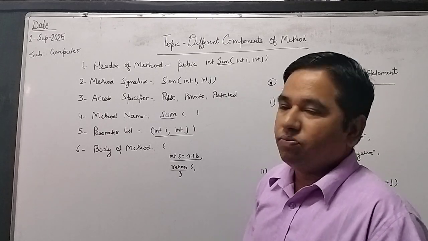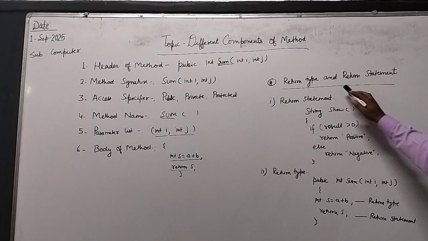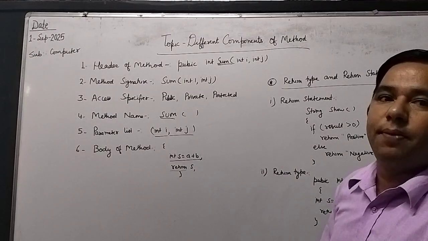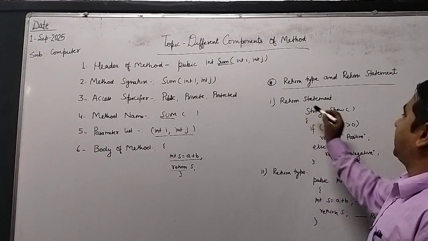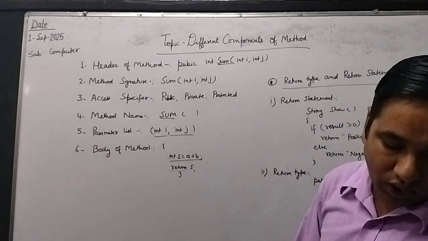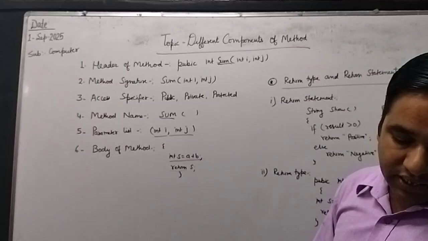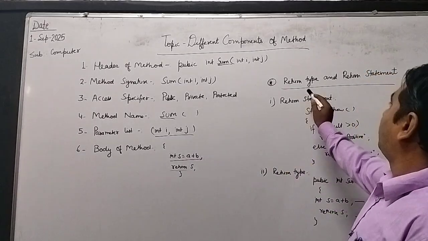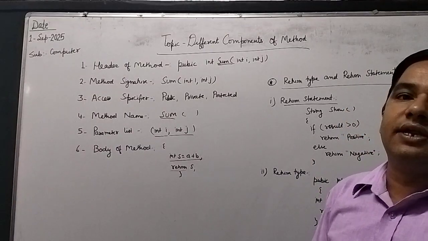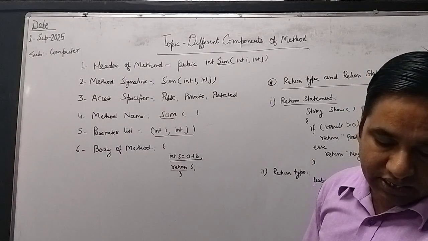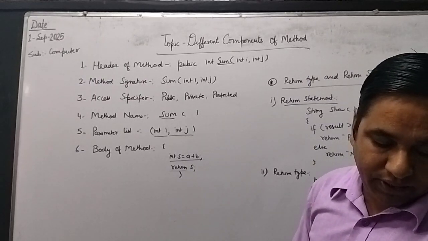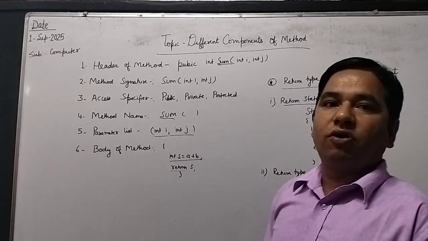Now let's move to another topic, return statement and return type. What is the difference between them? A return statement is required if the function is returning some value. Function means method, and the return value may be any data, primitive or non-primitive.